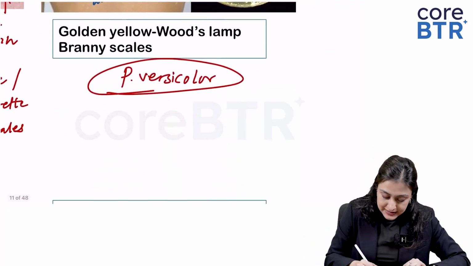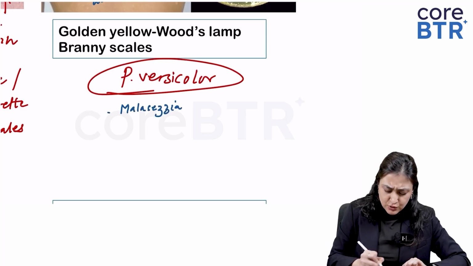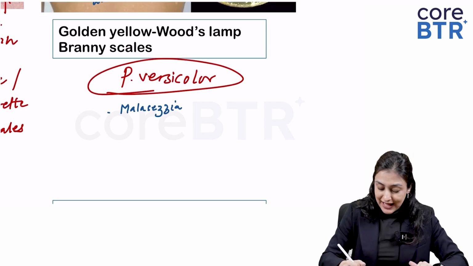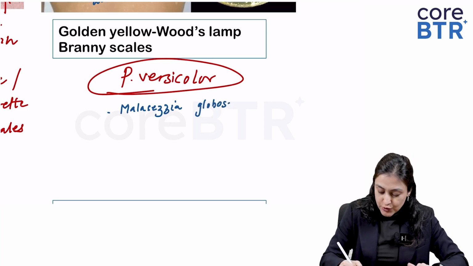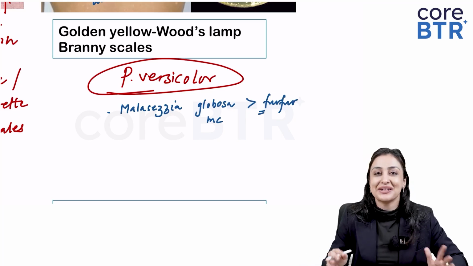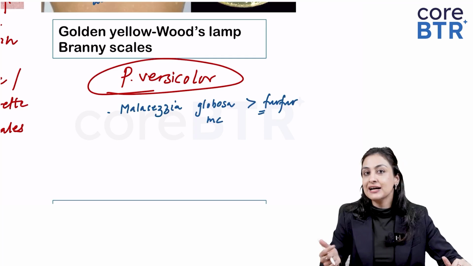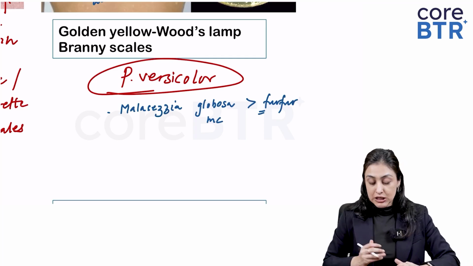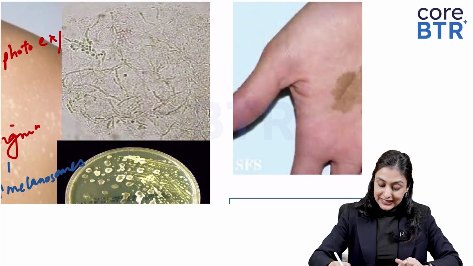The fungus that we are talking about is Malassezia, right? Traditionally, we always thought Malassezia furfur, but actually Malassezia globosa is more common than Malassezia furfur. Furfur has F, so it got famous. But actually more common cause is Malassezia globosa. Because it's a fungus, we will see it on KOH, right?